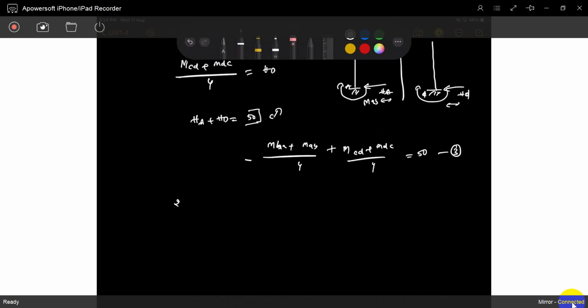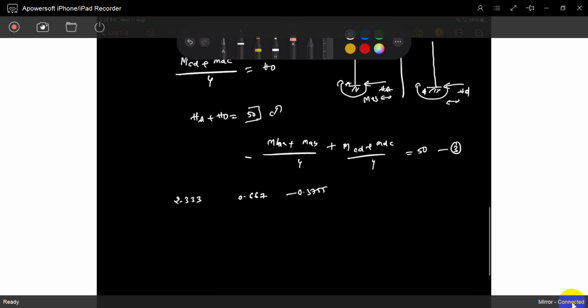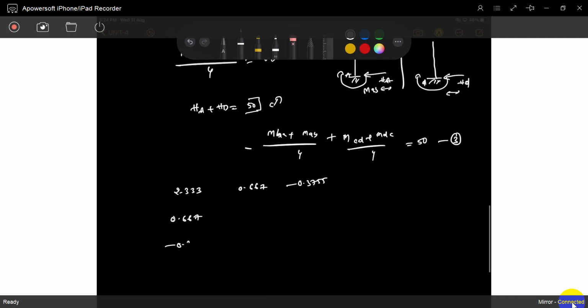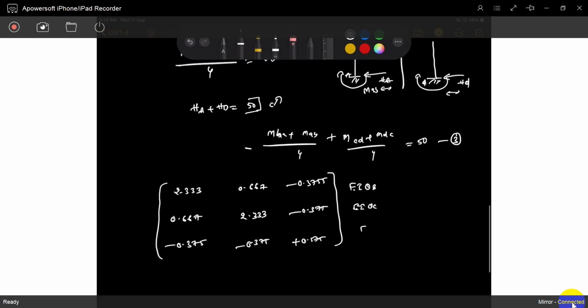Just solve it, you will get like this. I will again write in matrix form. 3 equations, 3 unknowns. So see, EA theta B, EA theta C, EA delta will come like this, equal to 0, 0, 50.